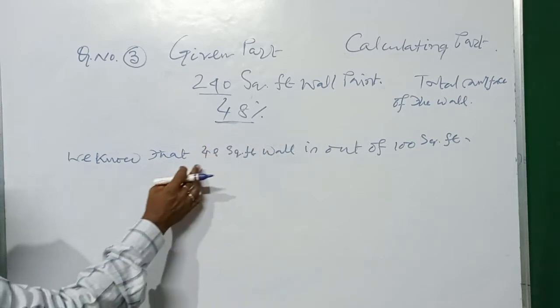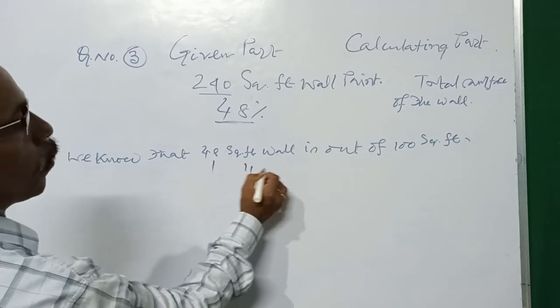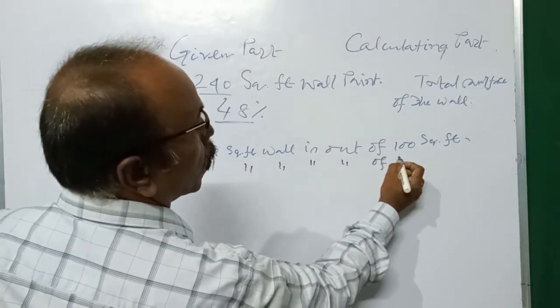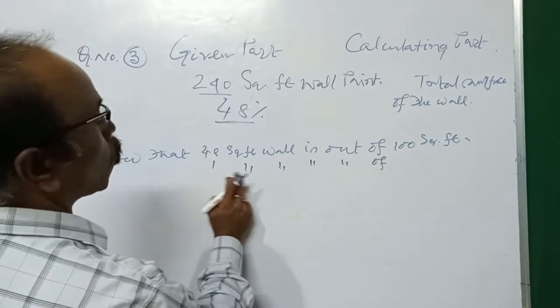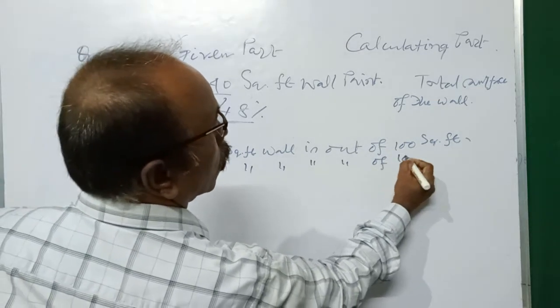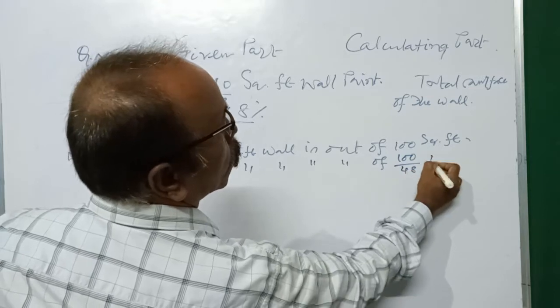So 48 square feet of wall is out of 100 square feet. Similarly, 1 square foot of wall is less than 100, so it is 100 divided by 48.